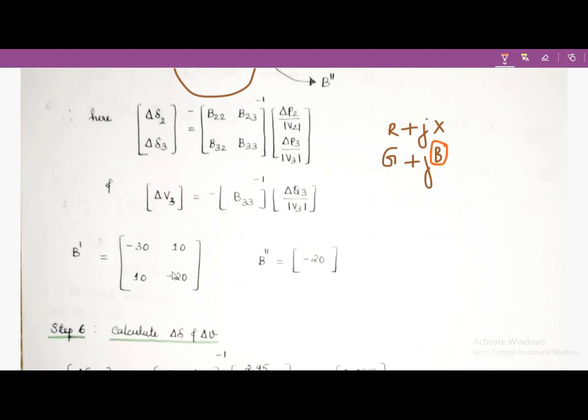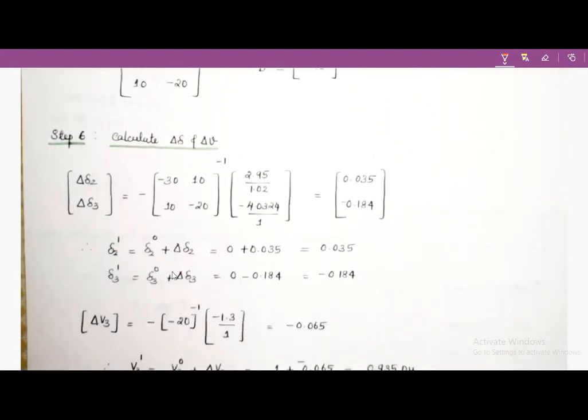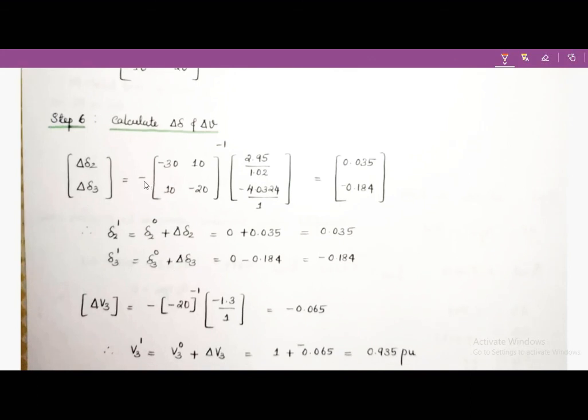Okay. So once all these elements are known, we can write delta delta 2 and delta delta 3 is minus of that particular matrix inverse into all these values we know. From there you will be getting delta delta 2 and delta delta 3. So again repeating, this is a change in value that we are obtaining. Once the change in value is obtained, what is the actual value?